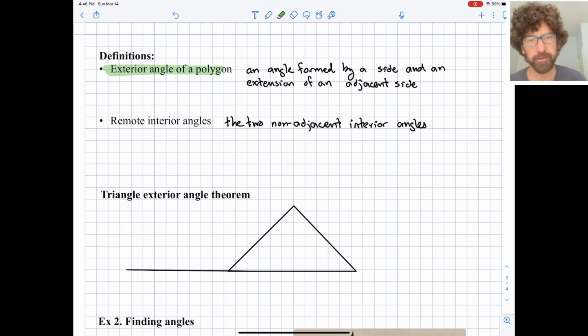So I am going to use the picture I have down at the bottom of the screen, and I want to show you what an exterior angle is and what an exterior angle is not. So this is a typical interior angle, angle x. This is not an exterior angle, okay?